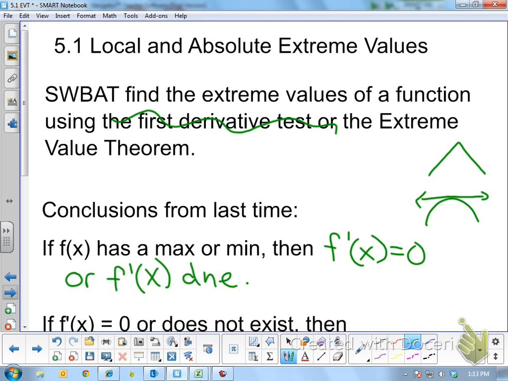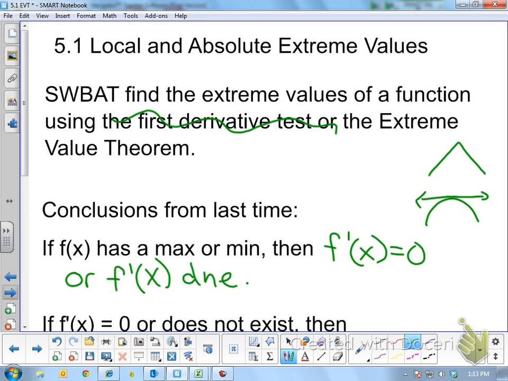That was a guarantee, ironclad, must happen. If you have a max or a min, you must have the derivative equal to 0, or the derivative does not exist there.